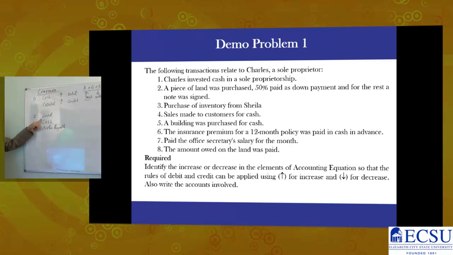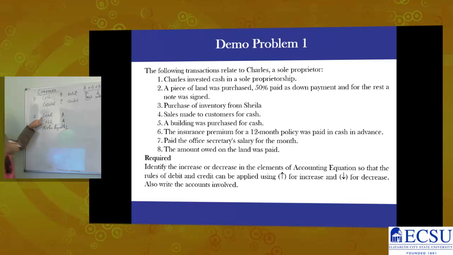Okay, so first let's find out land. What kind of account is this? Of course, this is an asset. Cash, asset. Notes payable, liability. And what is happening to land?